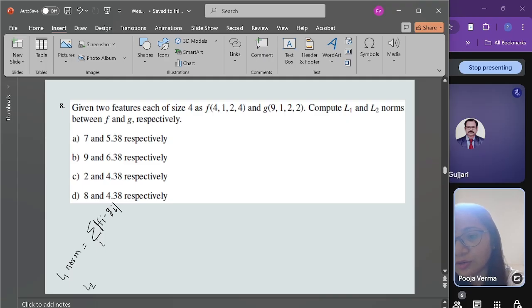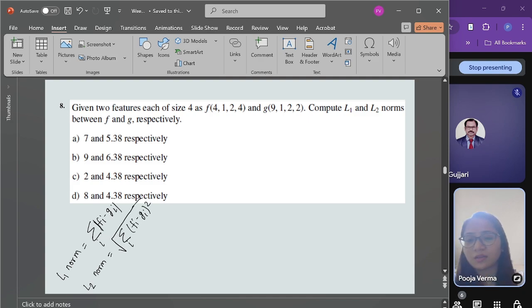The L2 norm is calculated as the square root of the sum of the squared difference of each feature, that is (Fi minus Gi) squared.